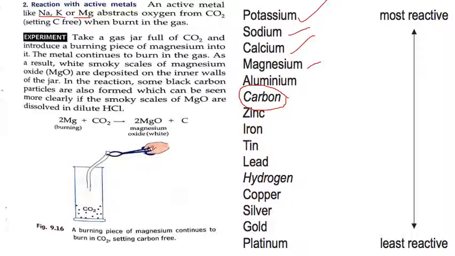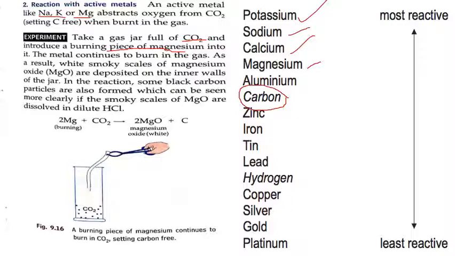So let's see. An active metal like sodium, potassium or magnesium abstracts oxygen from carbon dioxide, setting carbon free when burnt in the gas. Experiment. Take a gas jar full of carbon dioxide and introduce a burning piece of magnesium. So you can see that we have taken carbon dioxide gas and a burning piece of magnesium into it.